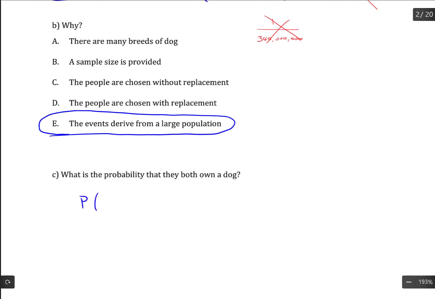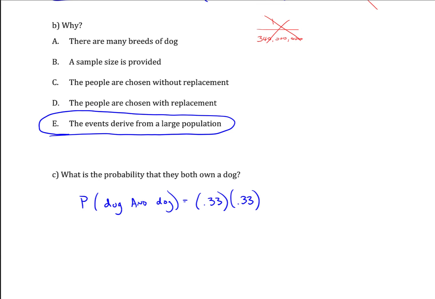Because the probability that they both own dogs, so the first person owns a dog and the second person owns a dog, if 33% of people own dogs, you can interpret that percentage as a probability. That's okay. So you can say the probability that the first person owns a dog is 0.33 and the second person owns a dog is 0.33 because we're assuming independence.